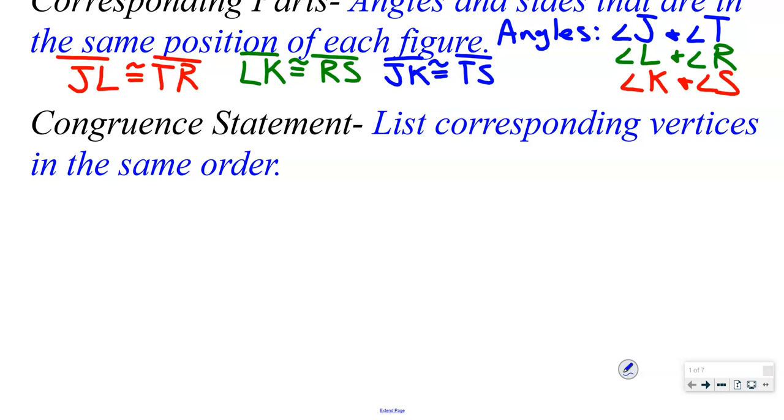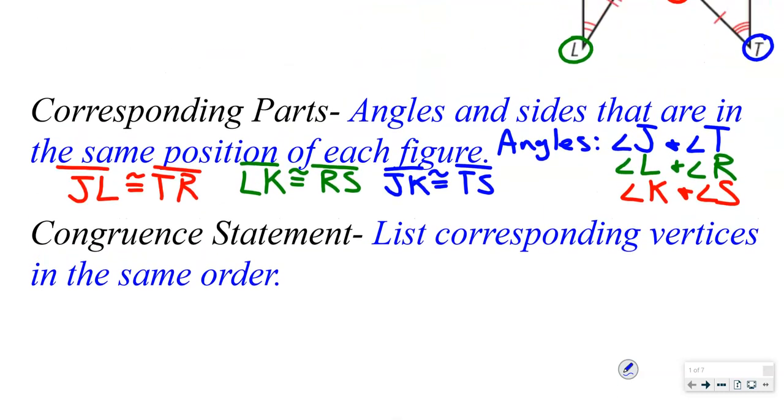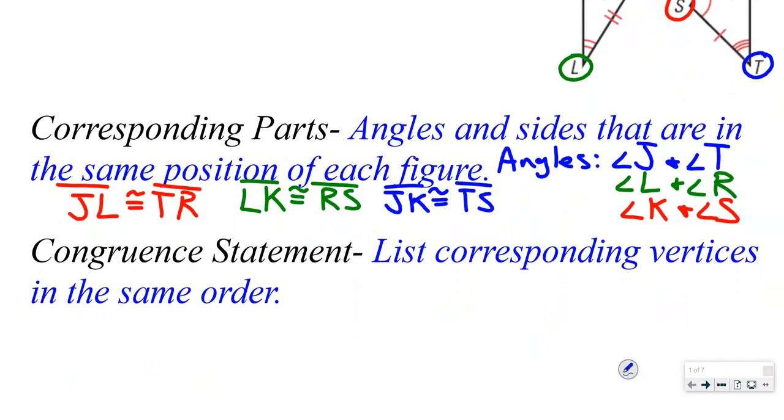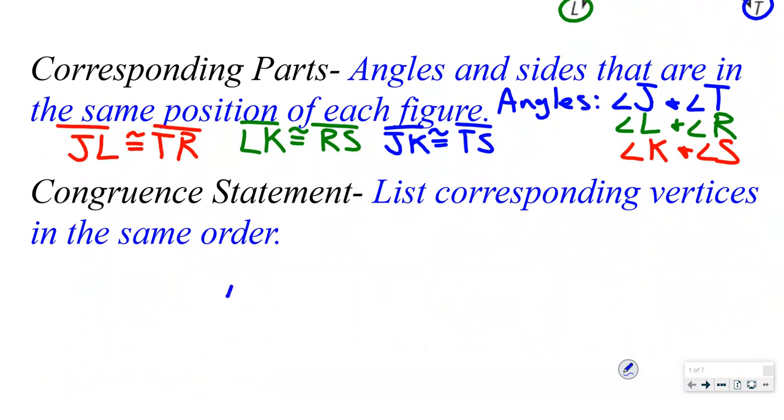So it's a list of corresponding vertices in the same order. So if we're looking at our triangles above, we could say this triangle on the left is JKL. So if I name that triangle JKL, I have to make sure my vertices, my letters, match up with the corresponding letters of the other triangle.